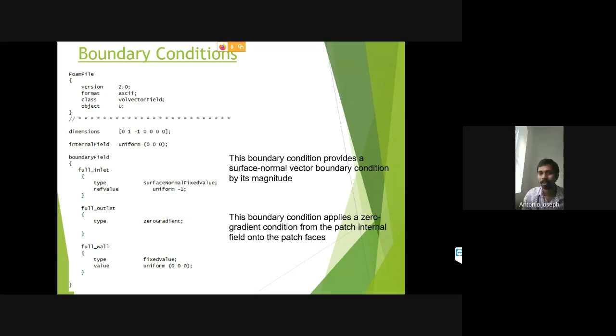So if I am specifying the velocity at both the inlet and outlet, it's not possible for us to solve. For example, at the inlet I am specifying 10 meters per second and at the outlet 9 meters per second. It can have n number of solutions for the pressure values, so we won't reach anywhere. The answer that we get will be wrong.